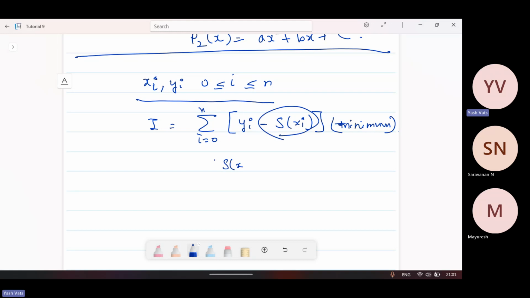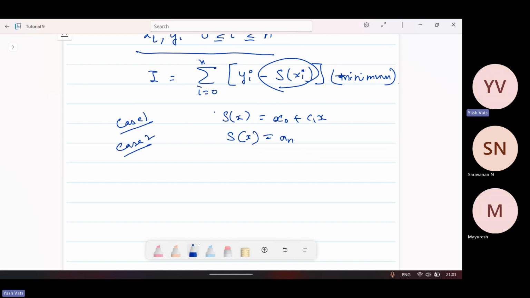Earlier in case 1 we took S(x) to be c0 plus c1x. In case 2 we took a general polynomial, an x to the power n plus a(n-1)x and so on.